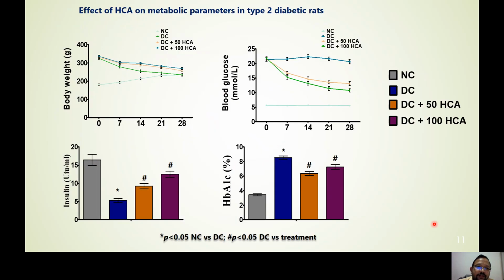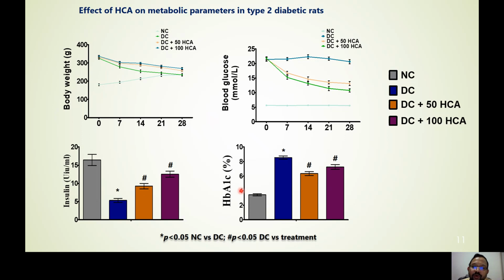If you look at my results, body weight alteration was significantly decreased in 150 mg HCA treated rats, and blood glucose levels were significantly decreased in 50 and 100 mg HCA treated rats. In diabetic rats insulin levels were significantly lower, whereas in HCA 150 and 100 mg per kg body weight treated rats insulin levels were significantly increased.